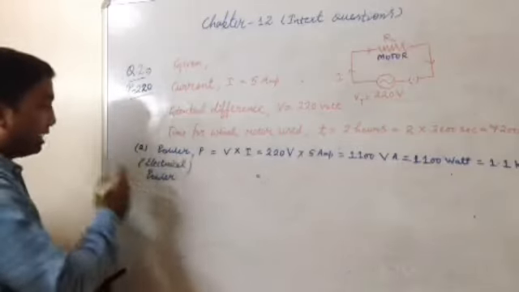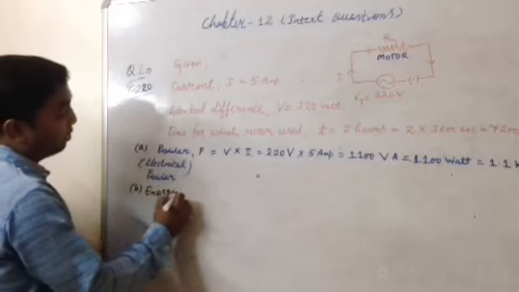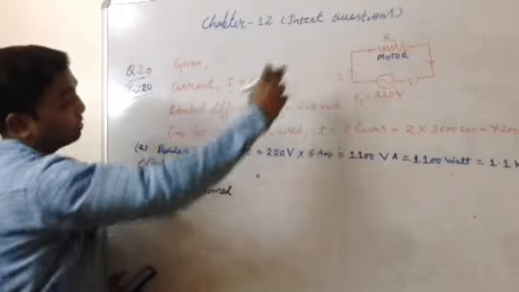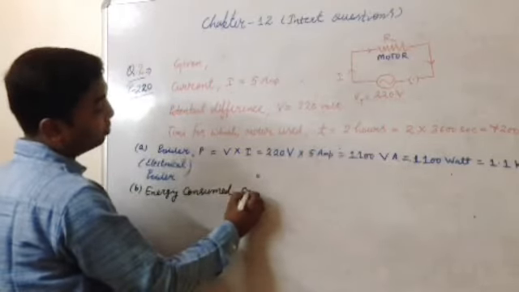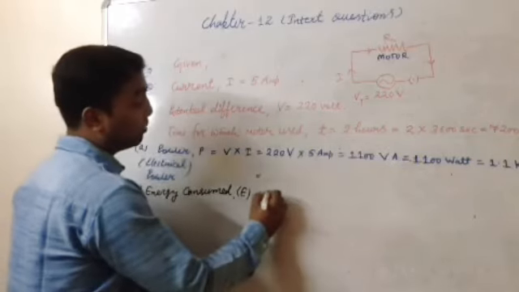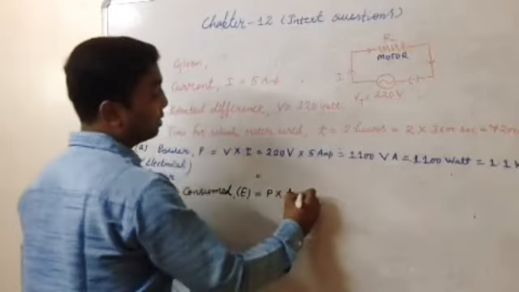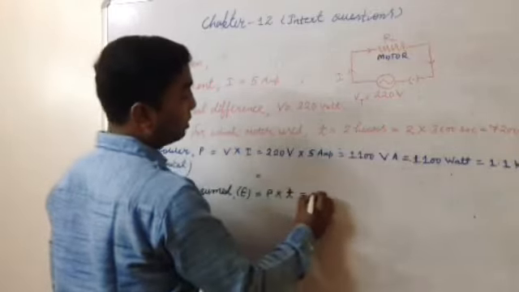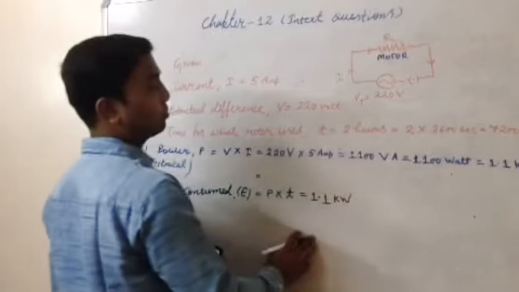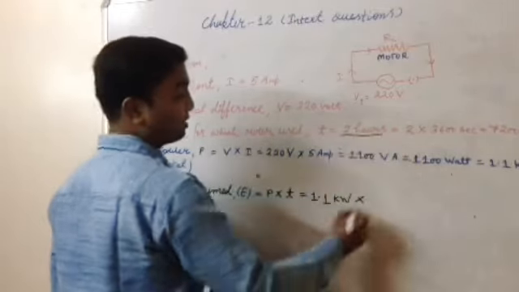Now let's solve the energy consumed. So what is the B part? Energy consumed. This motor is consuming energy, so energy consumed E equal to what? The formula of energy consumed is power into time. We already know the power is 1.1 kilowatt, and the motor is used for 2 hours.